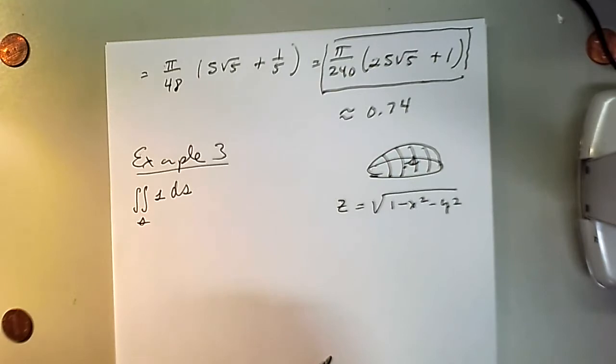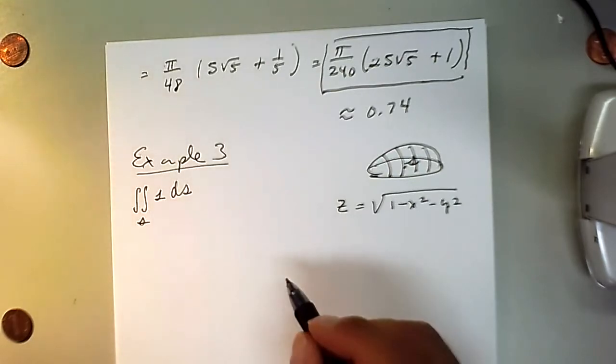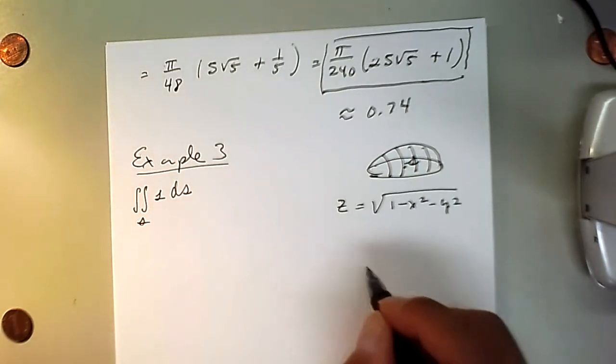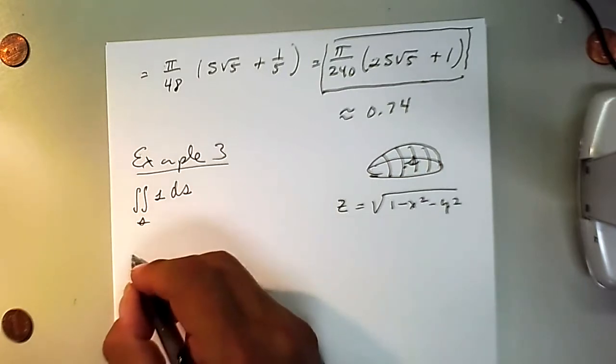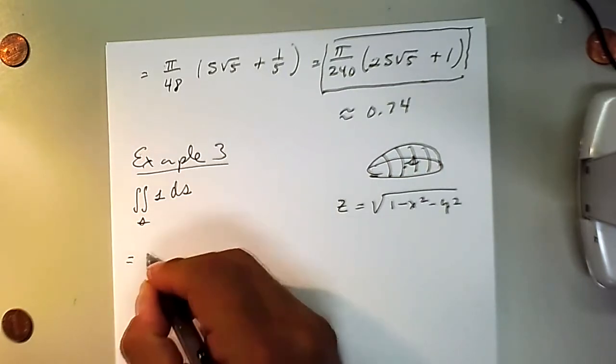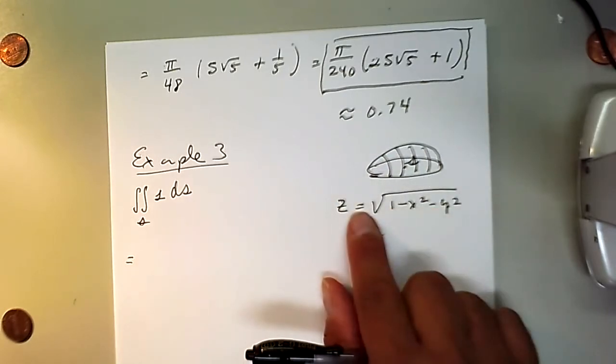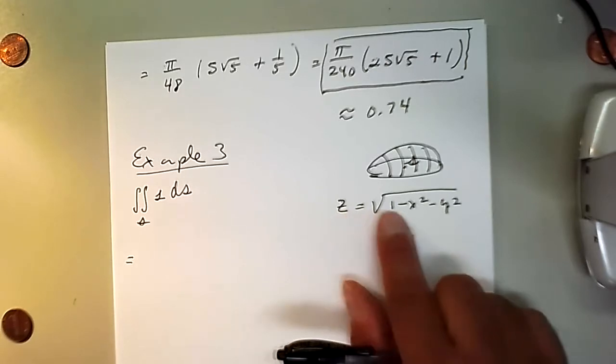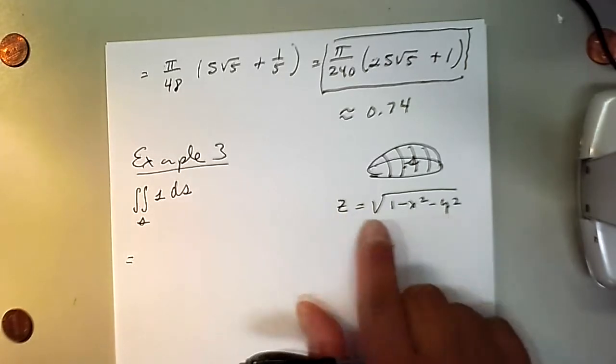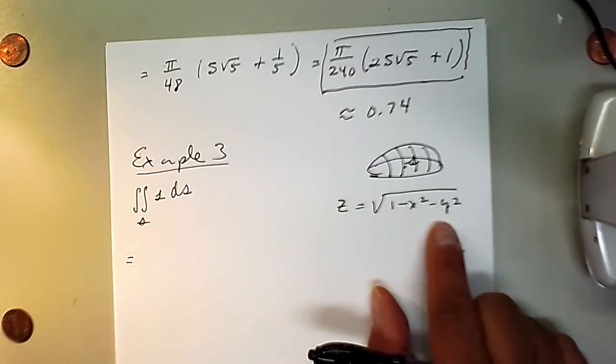So what is this double integral? Okay, let's just go through this. And by the way, we're using a trivial parametrization. So z equals this is just the trivial parametrization.